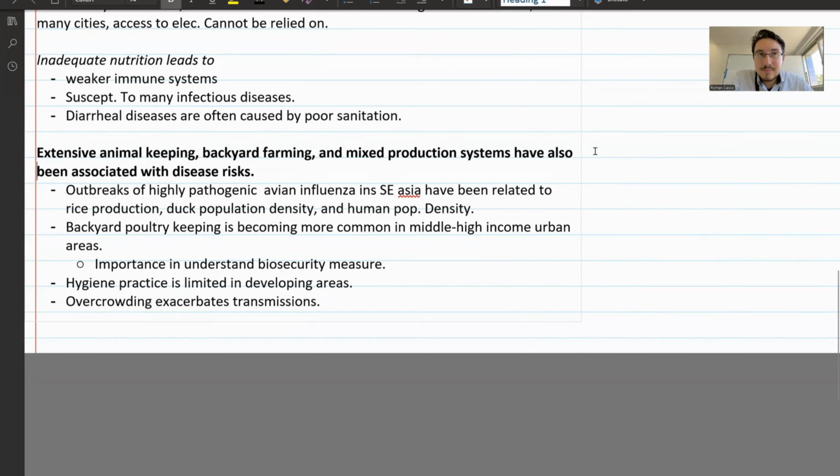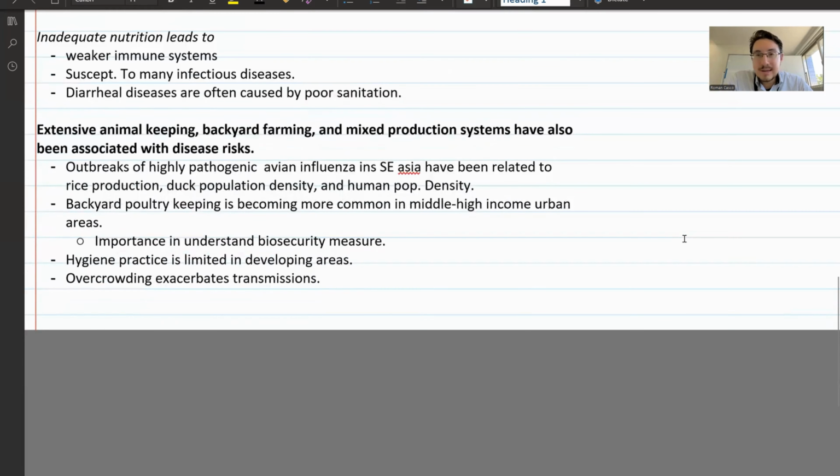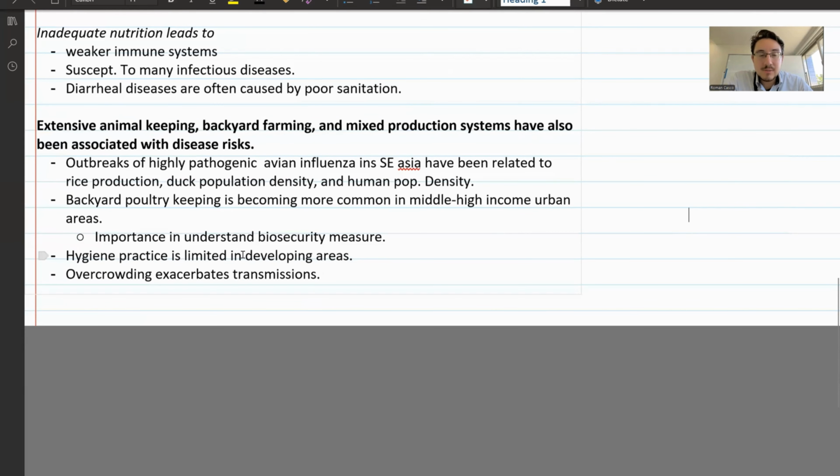About 5 blocks closer to the station where I live, it's weird, I can hear a rooster early in the morning making a bunch of noise, because people are housing these little farm animals in their backyard, usually in an unsanitized way. Just keeping these animals can greatly increase the chance of spreading disease.